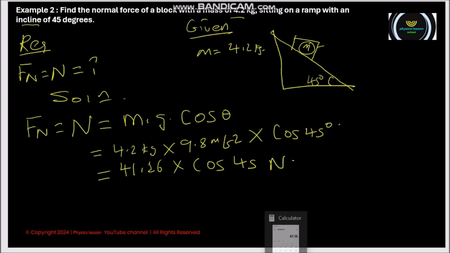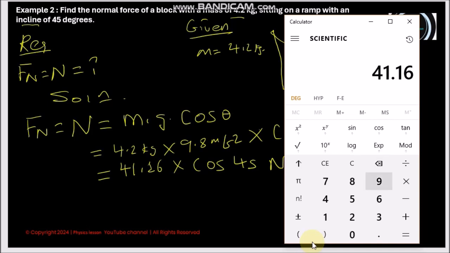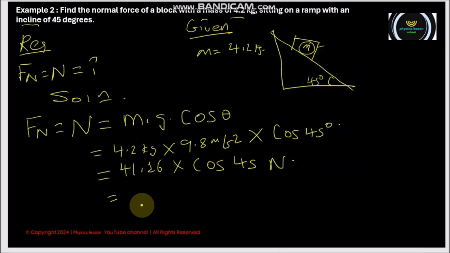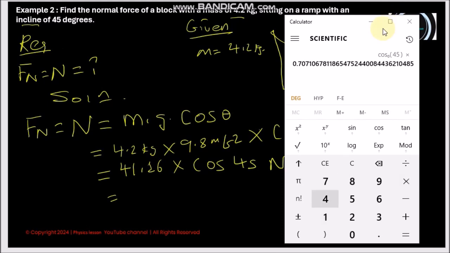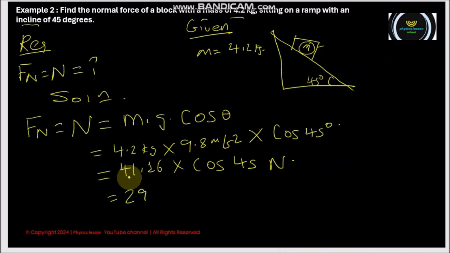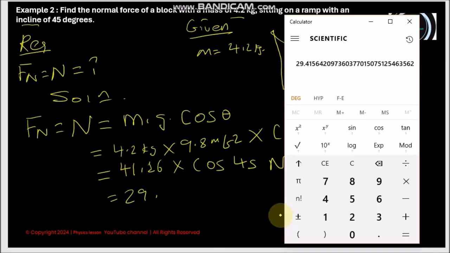Then we multiply by cos 45. Okay, this gives you around 29.1 Newton.